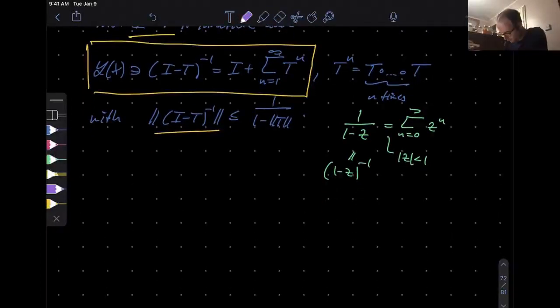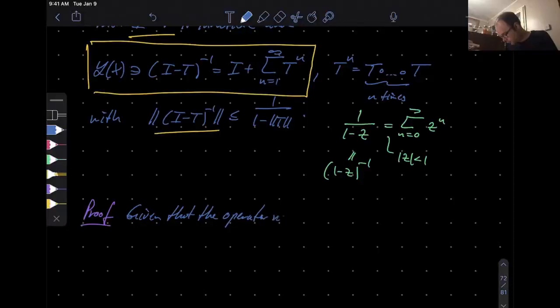Okay, so proof. So given that the operator norm is submultiplicative. So remember this. Let me write the word.